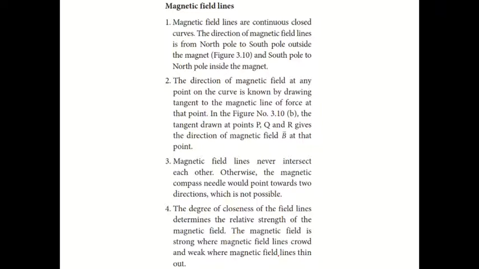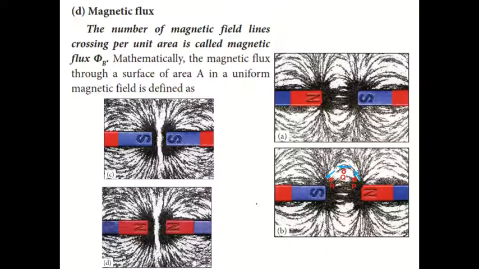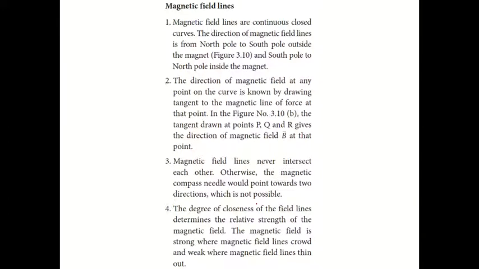The direction of the magnetic field at any point on the curve is drawn by drawing the tangent line. Also, magnetic field lines never intersect each other.